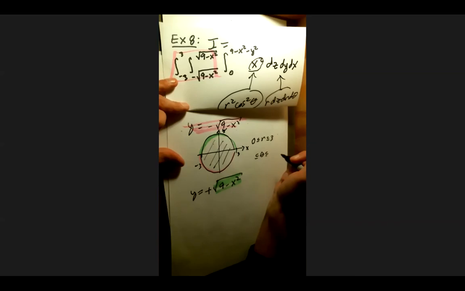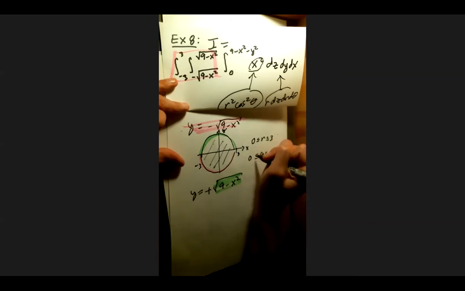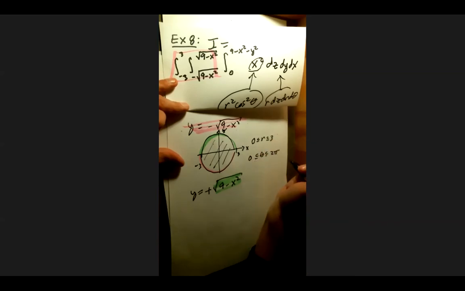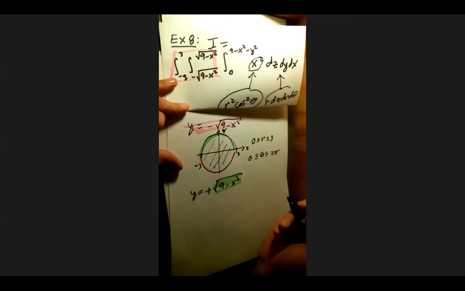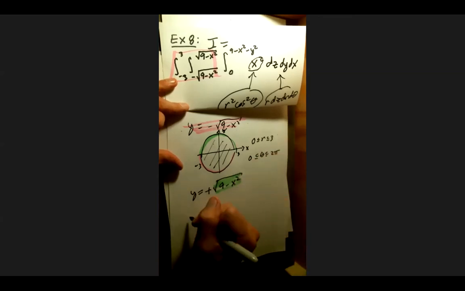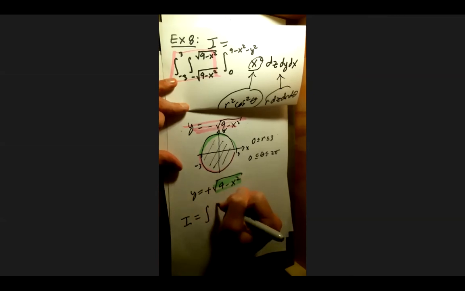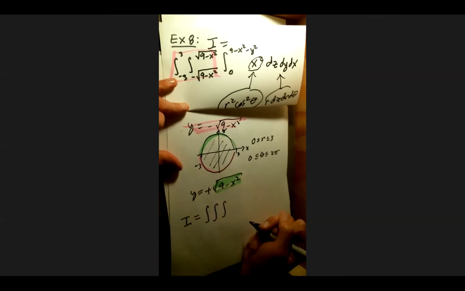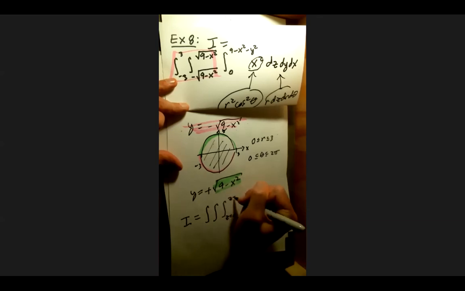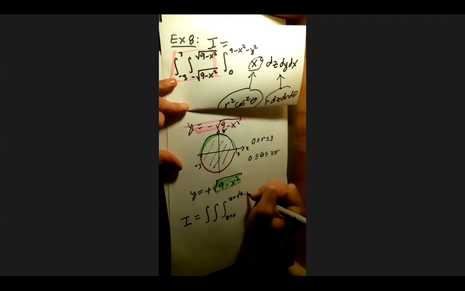And where do our thetas live? 0 to 2 pi. So we can take all this stuff and put it together, and our integral I is going to be a triple integral. The z values are still going from 0 to root 9 minus r squared.